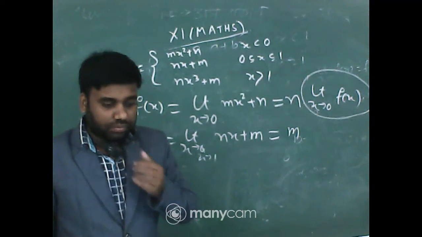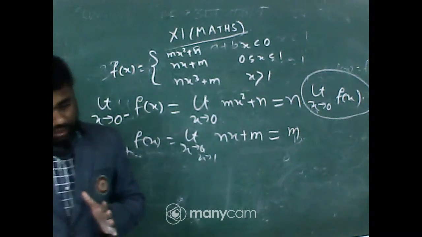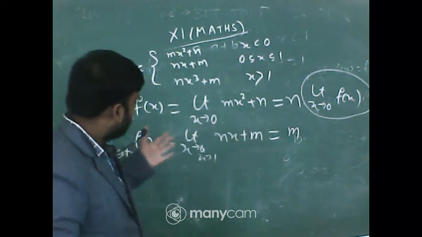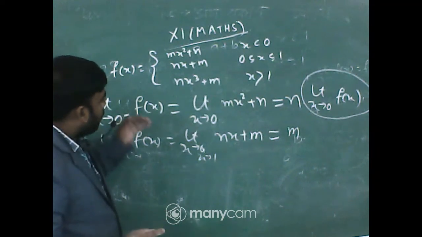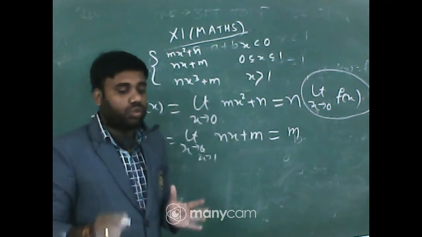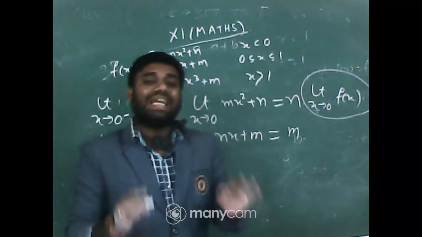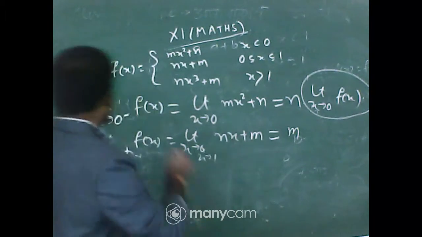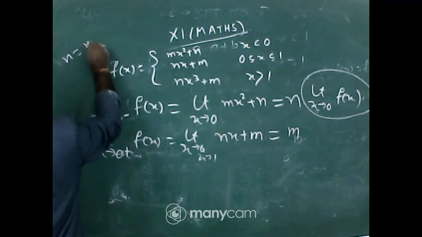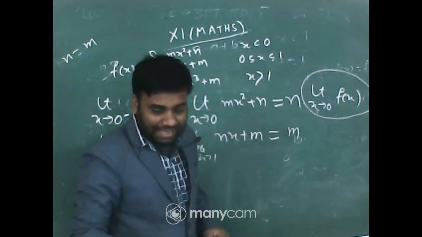The left hand limit is n and the right hand limit is m, so the limit exists when n equal to m.